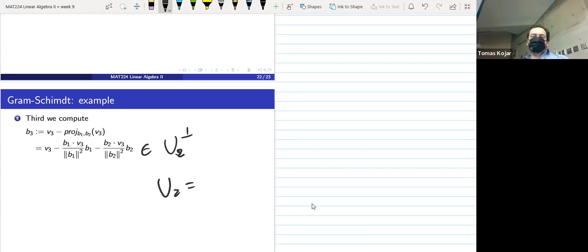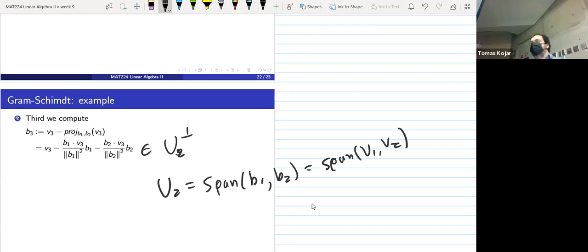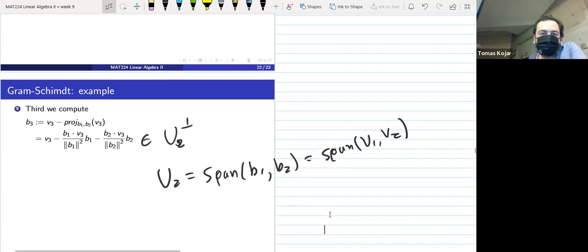Yeah, we proved that, you're right. Well, okay, this is what I wanted. It doesn't matter though, it's the same thing. Which is actually very interesting. You always preserve the span. All right, so you have that B3 is perpendicular to both.